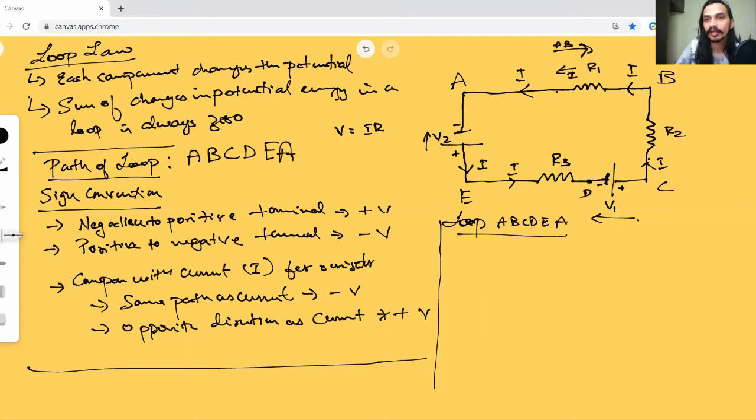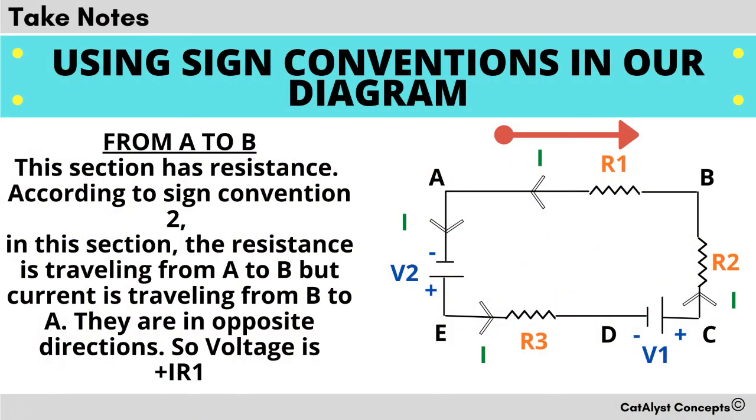This is AB, which means for R1, I will take it as positive. So for AB, I'll take plus I into R1, which is nothing but voltage.